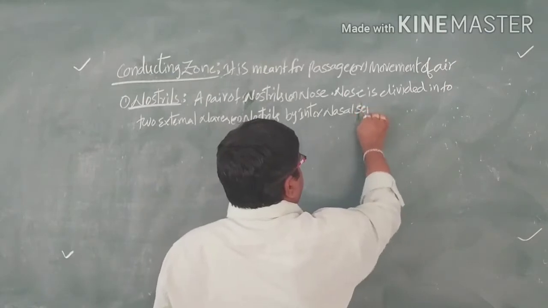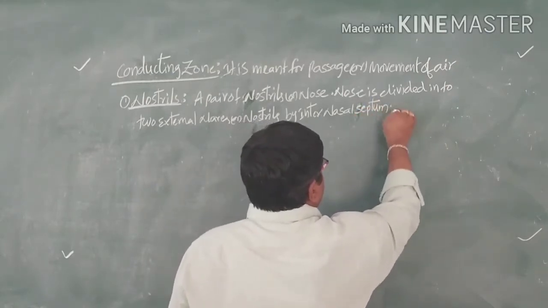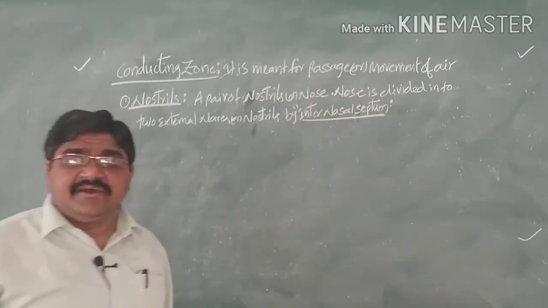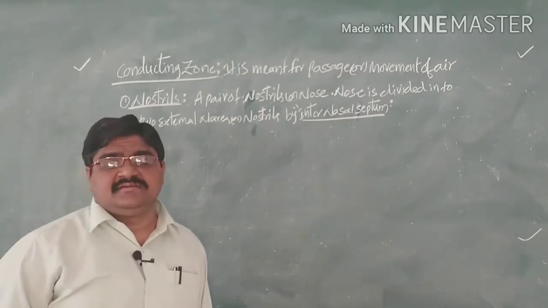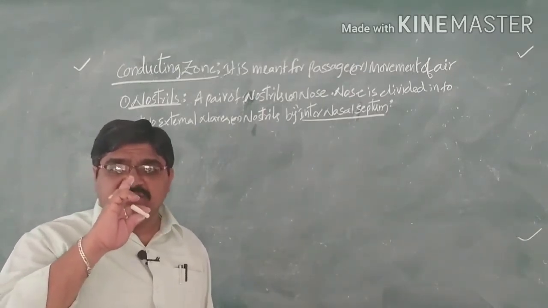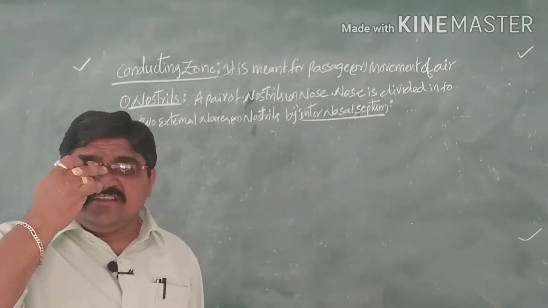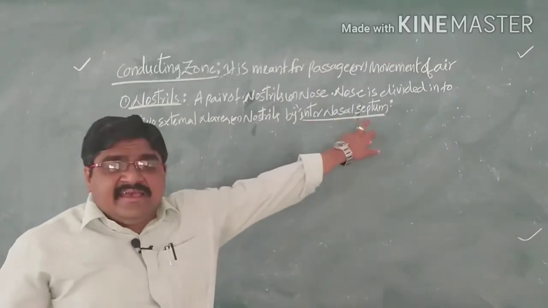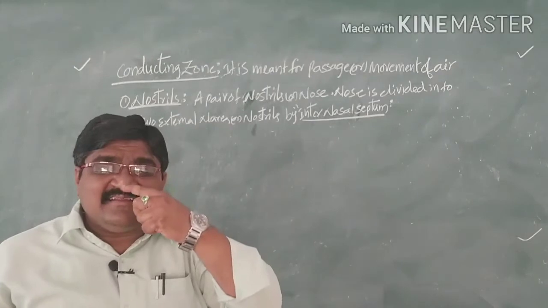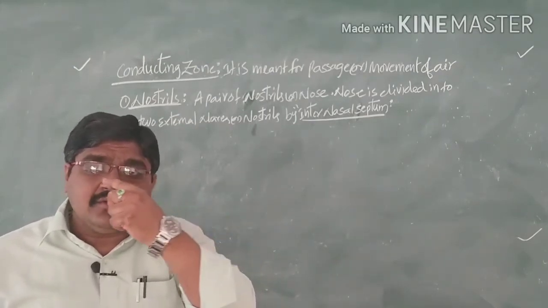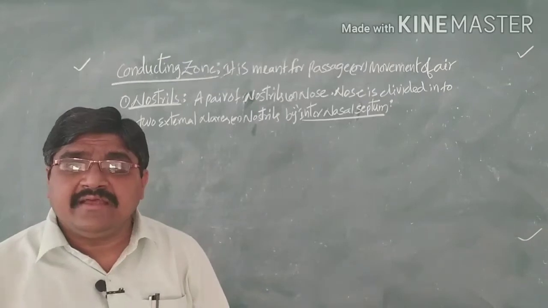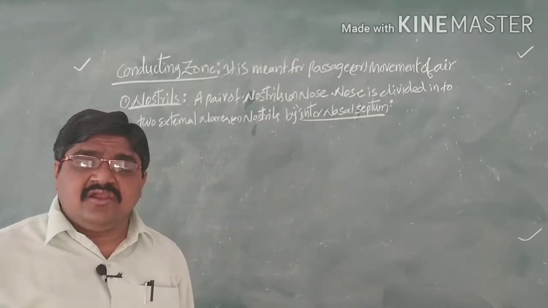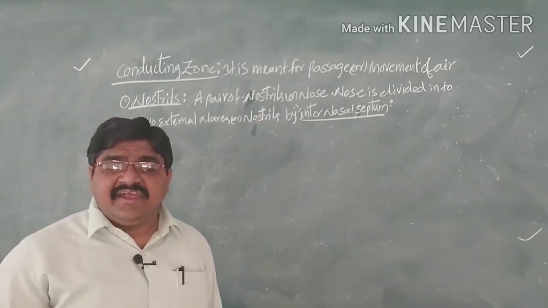With the help of the internasal septum, the nose is divided into two parts. This division is called the internasal septum. So the nose is divided into two nasals, or two external nostrils.